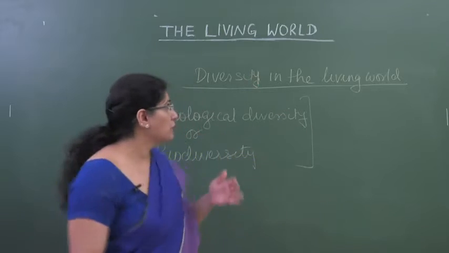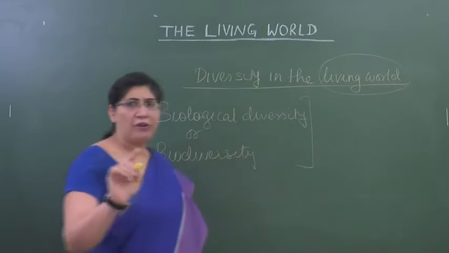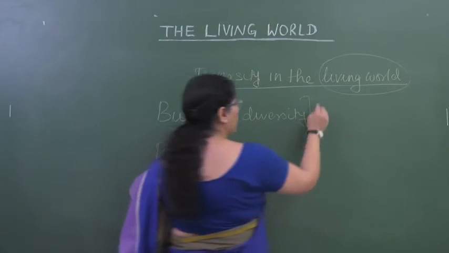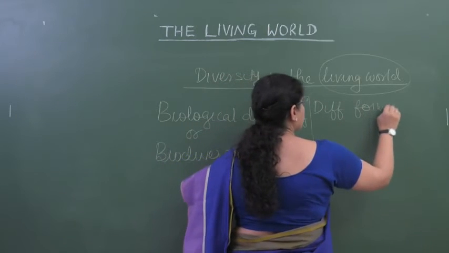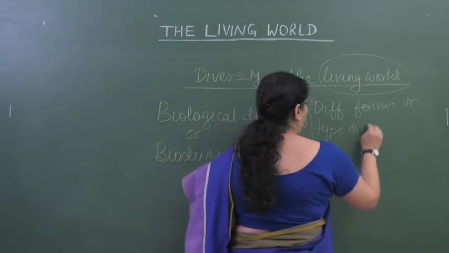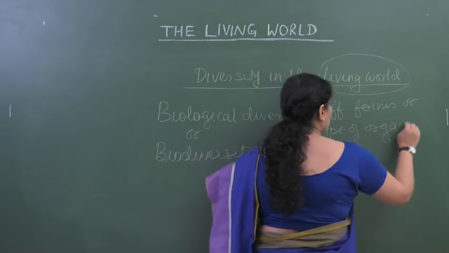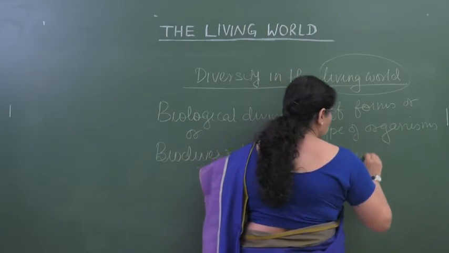But with respect to the living world, just living organisms, biodiversity can be the different forms or types of organisms present on earth.